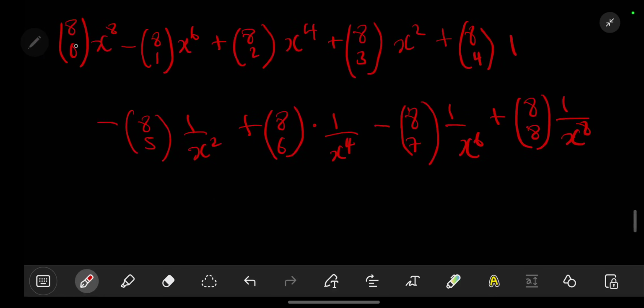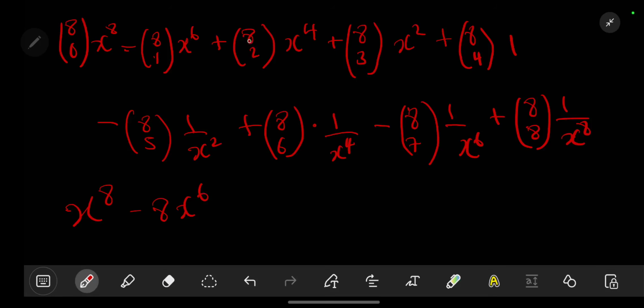So we know that 8 combination 0 is 1, so the answer there is just x to the power 8, minus 8 combination 1. Any number combination 1 is itself, so we have minus 8x to the power 6.